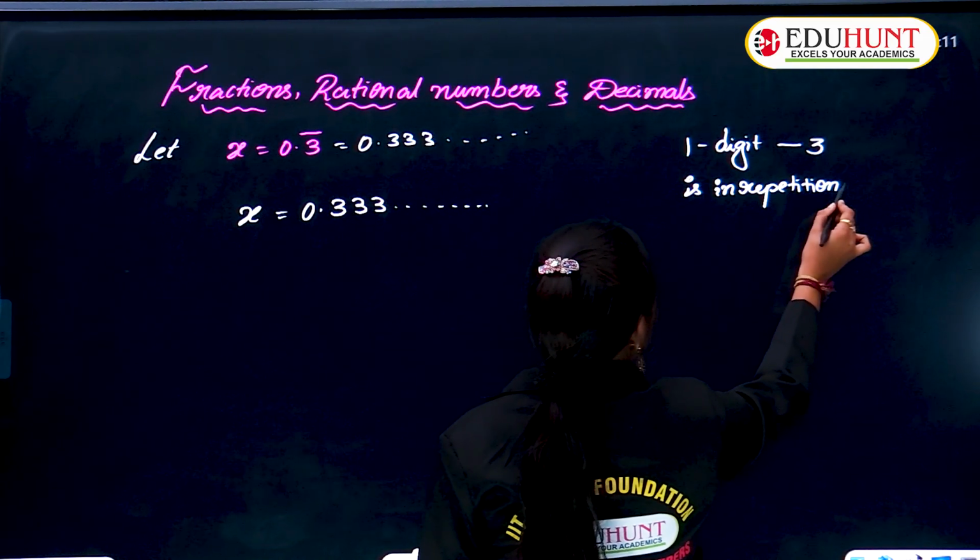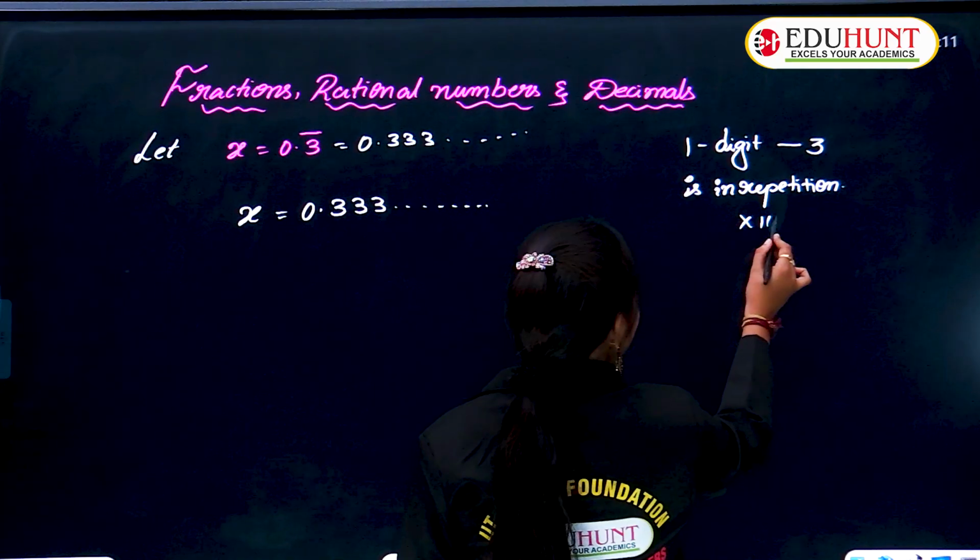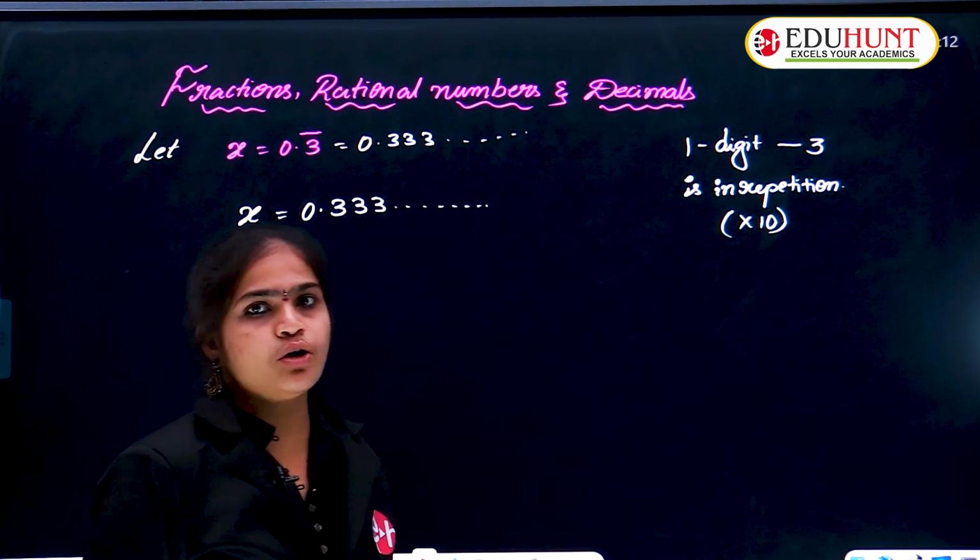One digit in repetition means we should multiply by 10 on both sides.